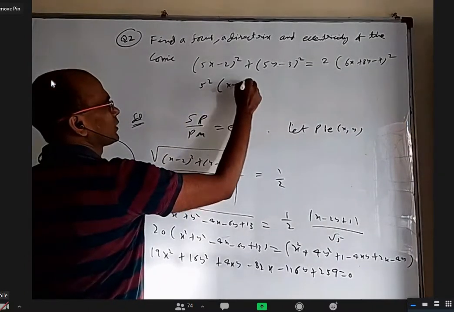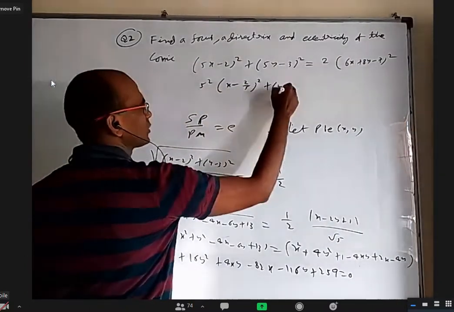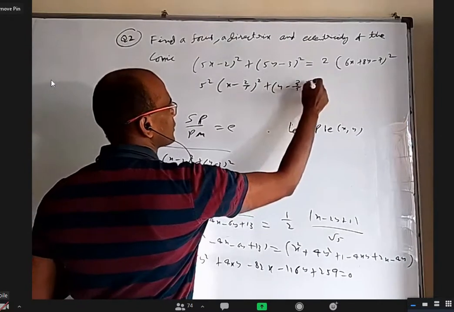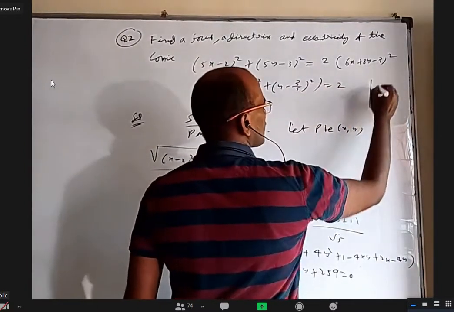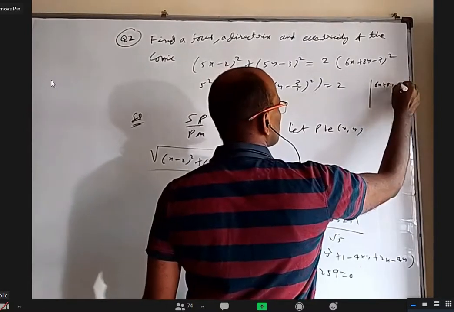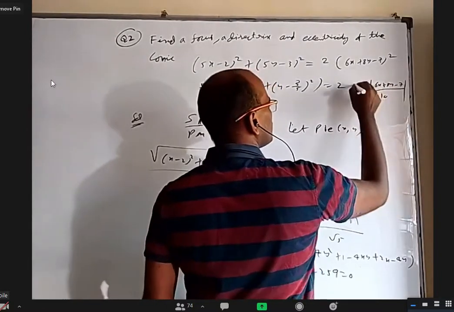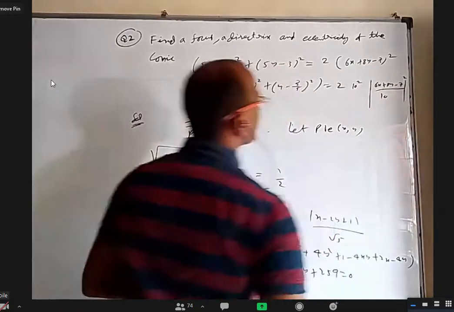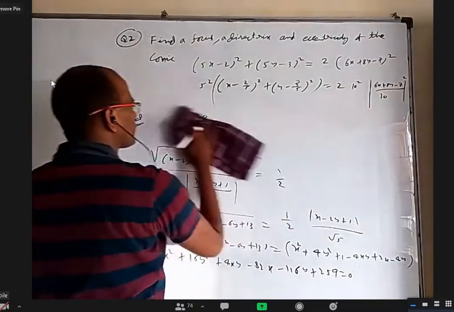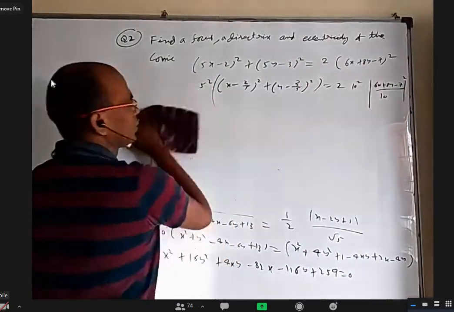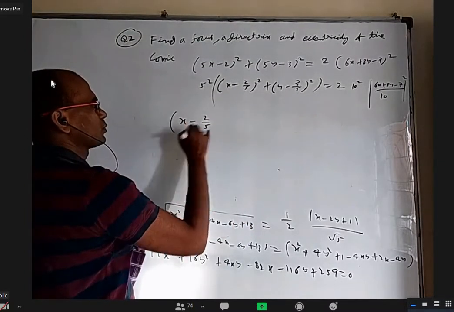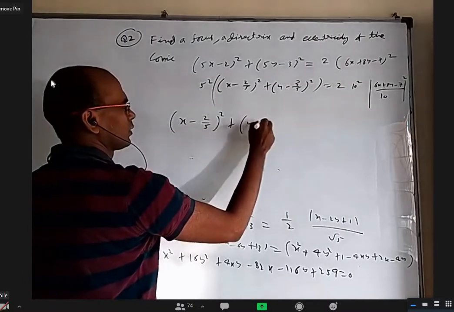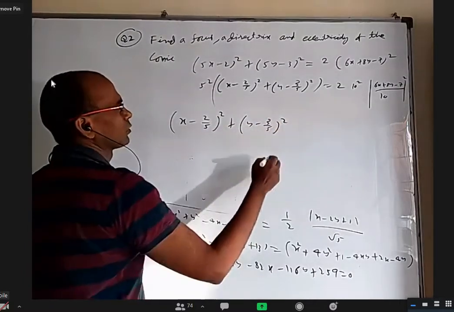Then you will get x minus 2/5 whole square, y minus 3/5 whole square. Here I want it in distance form, so I want to write this as 6x plus 8y minus 7 by 10 into 10 square. So when I send this 5 square that side, you will get x minus 2/5 whole square, y minus 3/5 whole square.